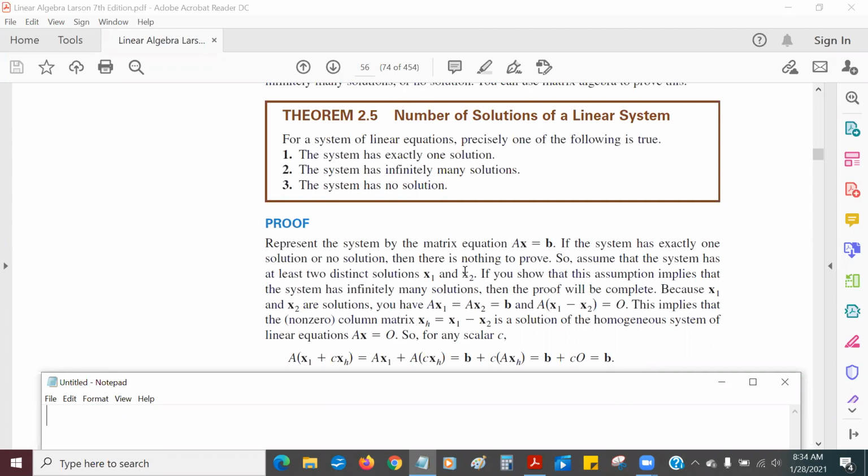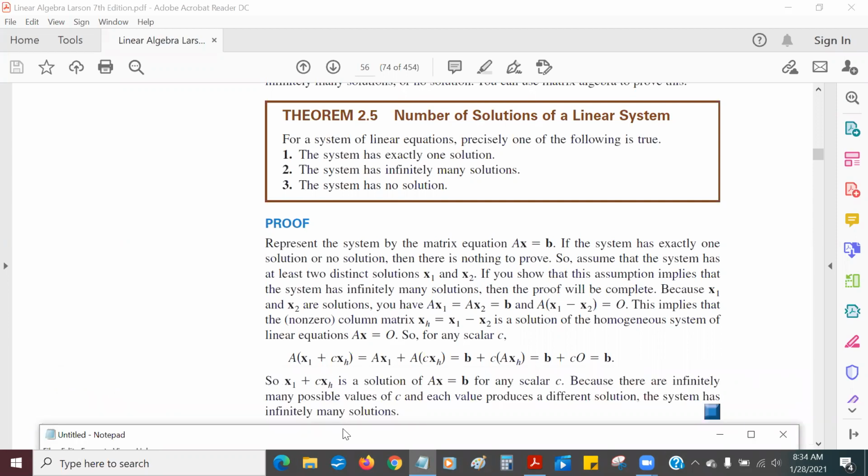We've shown that if there are two solutions, x1 and x2, that means that I could generate more solutions by just taking my xh and adding constant scalar multiples of xh onto x1. And since there's an infinite amount of scalars out there, there are an infinite amount of different possible solutions that I could make.